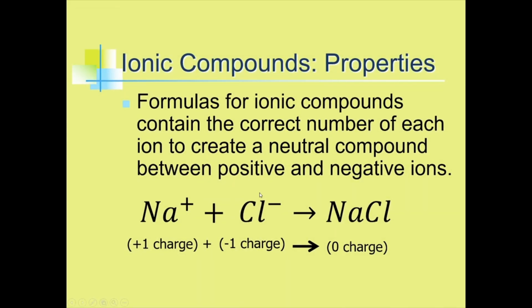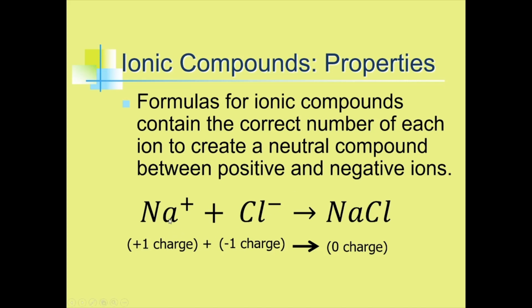The other thing that we want to mention with ionic compounds is when we have the formula for the ionic compounds, we want to make sure that we contain the correct number of each ion to create a neutral compound between positive and negative ions. So that's very important. We want to take a look at the positive part and the negative part of these compounds and make sure they balance out to 0.